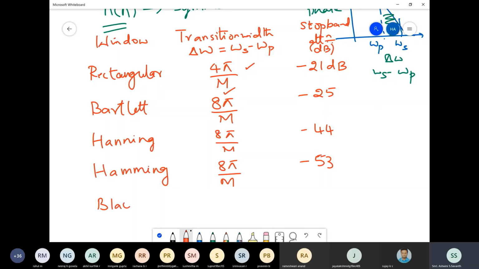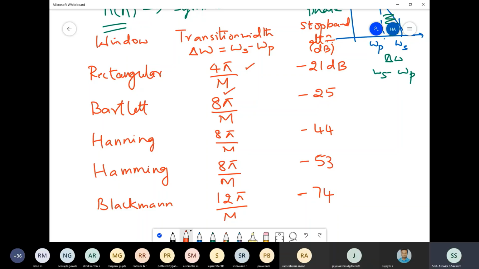The Blackman window is not specified in your syllabus, but I suggest it's better you write it down, because it's a part of the different windows that we usually discuss. Even though it's not there, it's better to learn something extra. So that is the Blackman window.